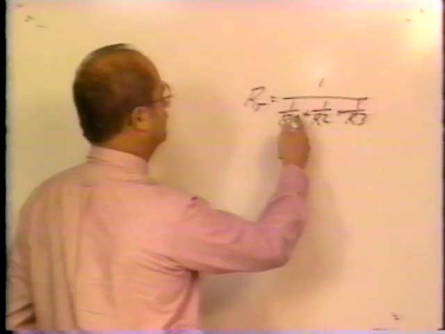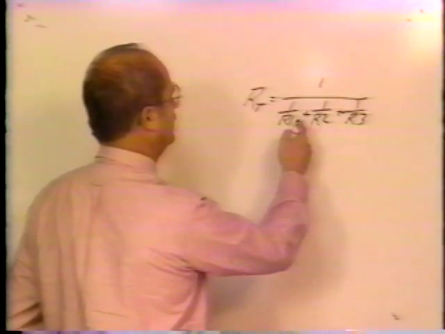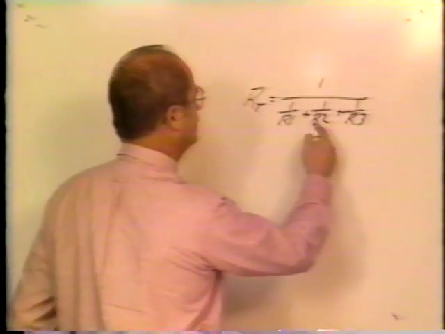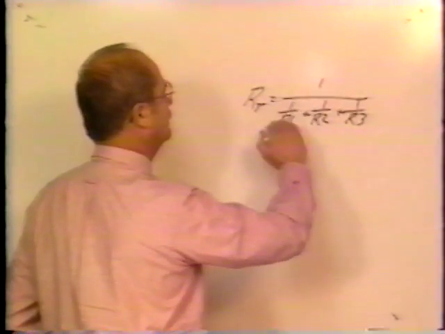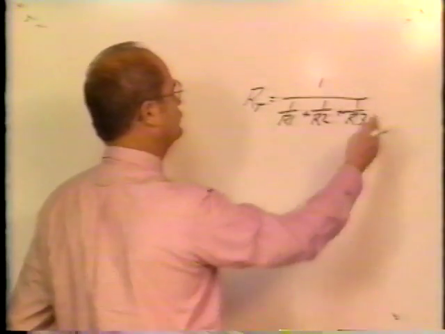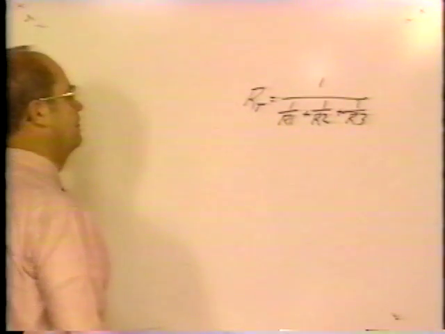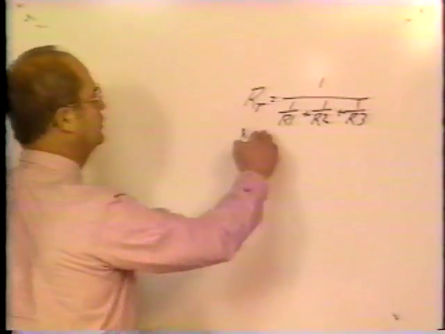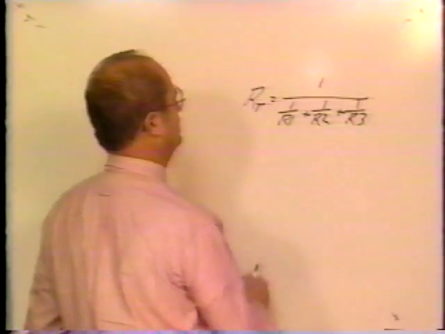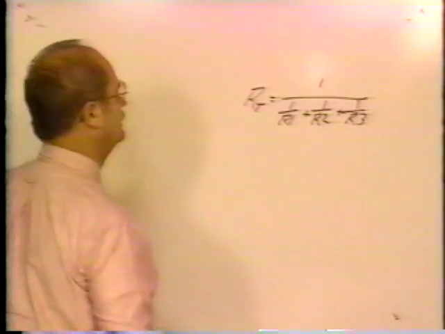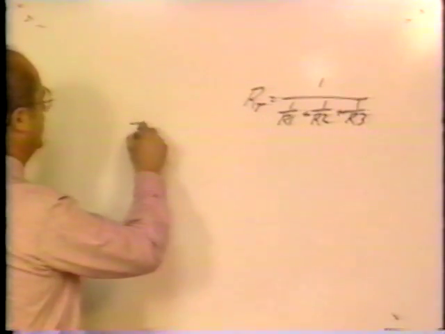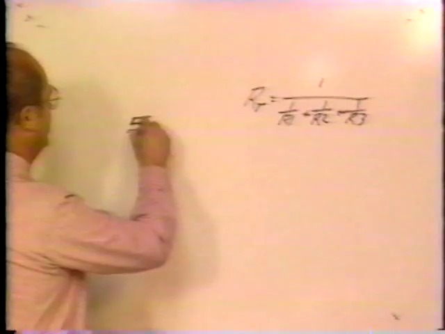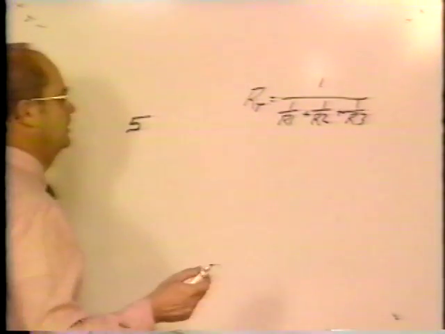But you can see what we have to do here is we have to add the resistors. We make reciprocals out of the resistors, then we have to add those resistors together. And before we can do that, we have to have the same common denominator. Now, let's say that I have a number 5, and I have to make a reciprocal out of that.